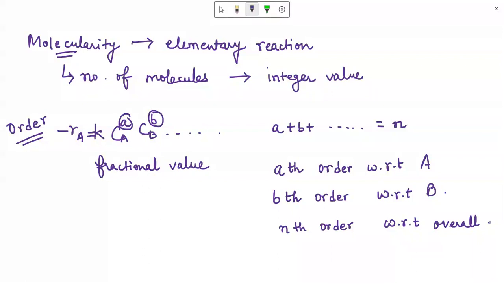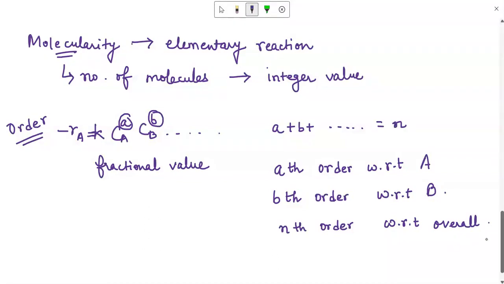It is an empirically found rate expression, and it can have a fractional value. So these are the main understandings that we need to have about the concentration dependent terms of a rate expression.